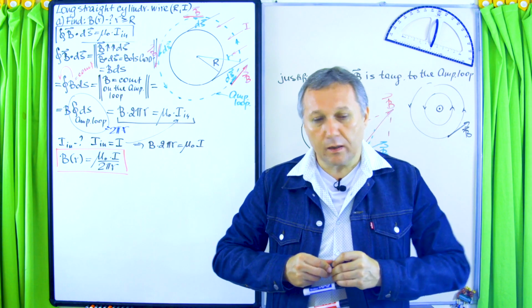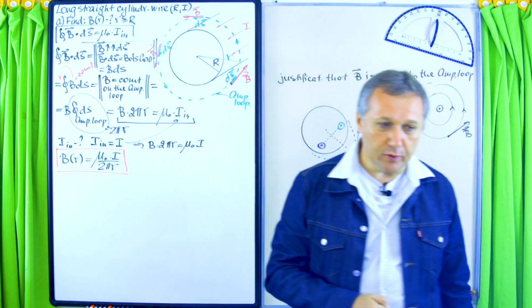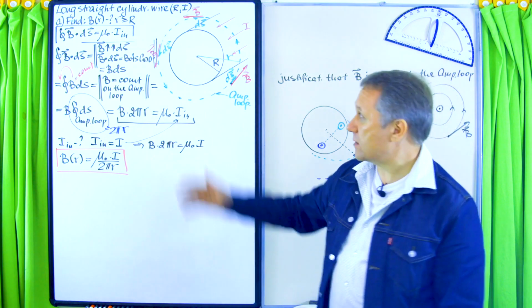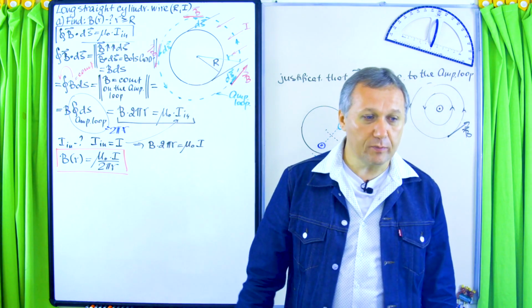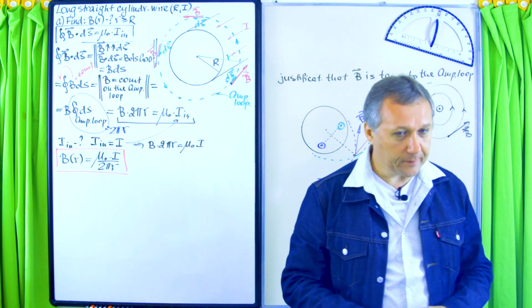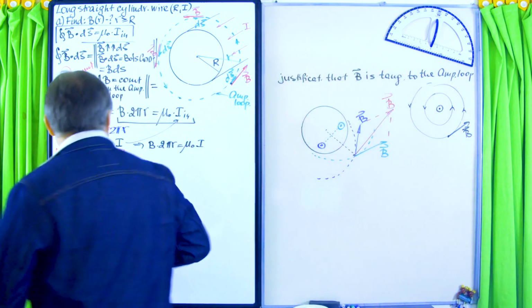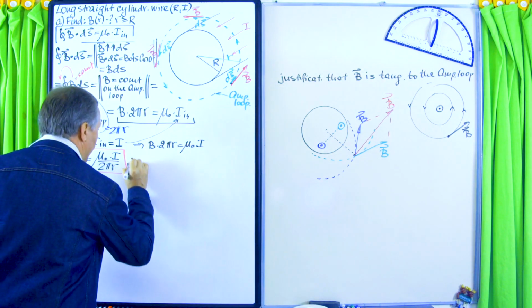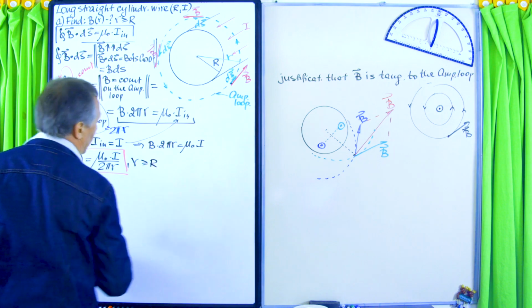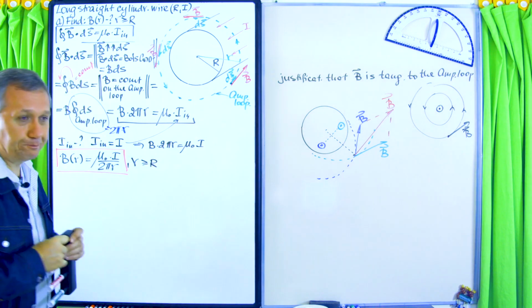But again, this can be derived using the Biot-Savart law, but that derivation is significantly more complicated. This, without my justification and explanations, should take like, I don't know, a few minutes. But of course, I need to emphasize that this is for r larger or equal than r capital.